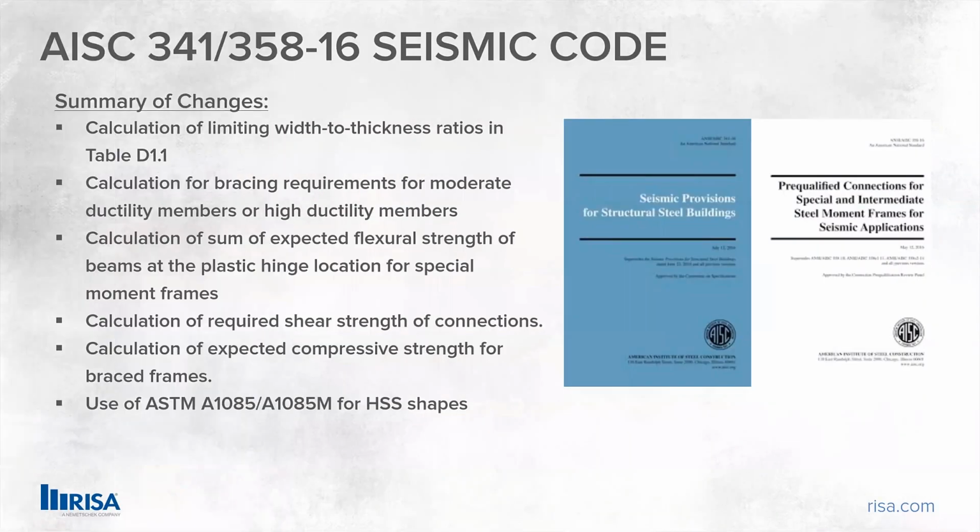And so the next part is AISC 341 and 358-16, the seismic provisions for structural steel buildings. So a few of the changes from the previous code include the calculation of limiting width to thickness ratios in table D1.1, the calculation of bracing requirements for moderate ductility members or high ductility members. We've added the calculation of the sum of expected flexural strength of the beams at the plastic hinge location for those special moment frames.